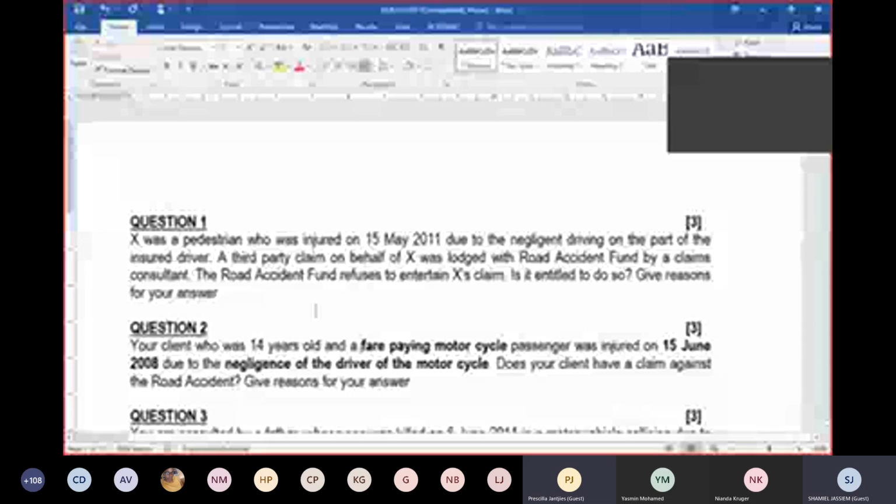Look at the words which I've highlighted: motorcycle, fare paying. Another word for fare paying would be for reward, and negligence of the driver of the motorcycle. Where did we mention this morning? Section 19. There you have your 1 mark.